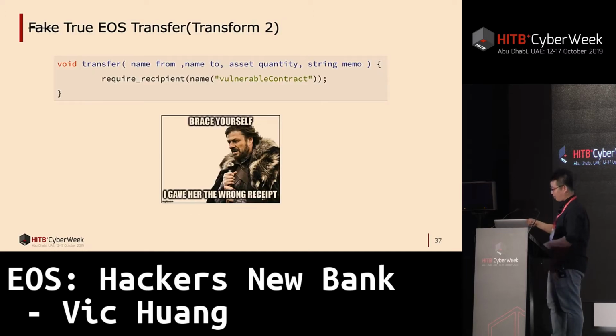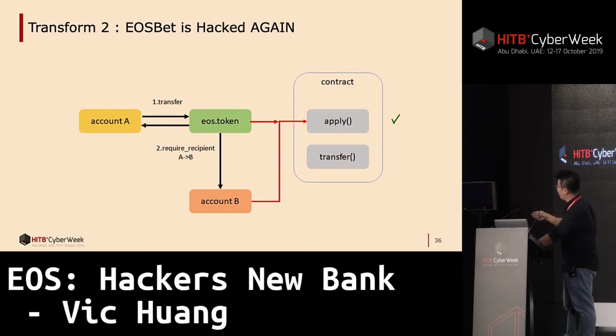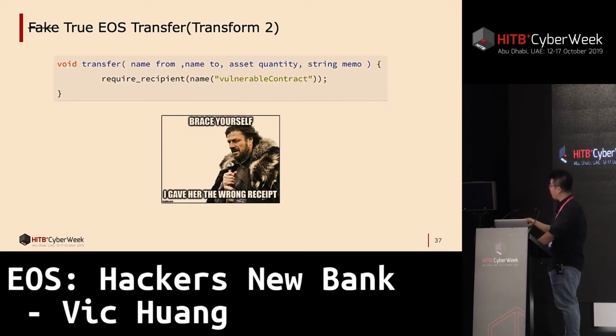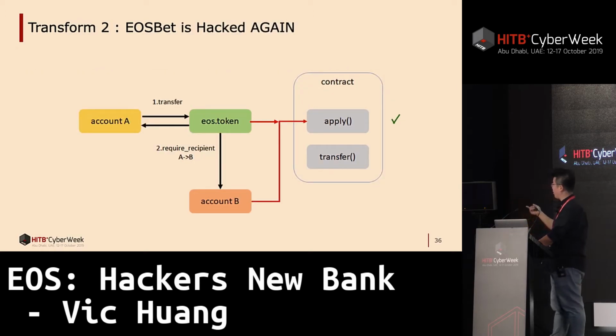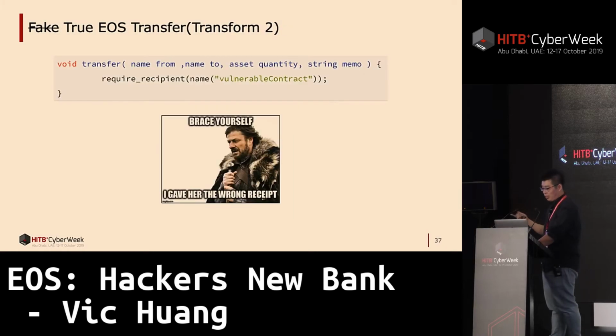So the victim contract sees the required recipients as coming from account A. So it misunderstands, because in its logic it thinks account A sent it the bet money, but actually the receipt is for A sending to B. So it's like sending the wrong receipt to the smart contract, and it gets hacked.